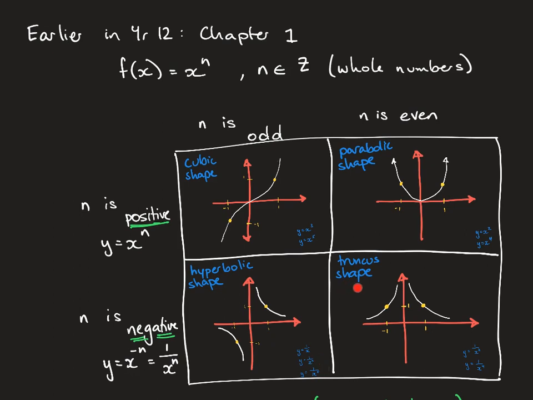And then our final shape is our truncus shape, where the two arms are on the top half. Power functions that will give you that are 1 on x squared, 1 on x to the power of 4.